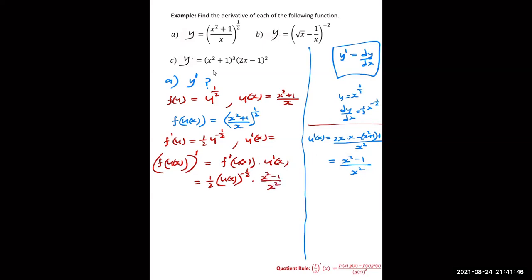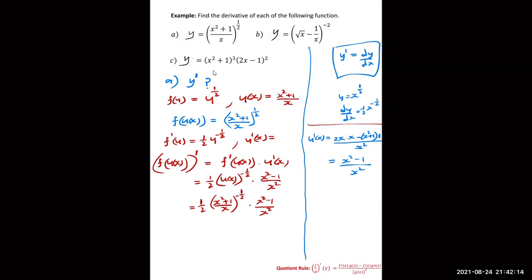All right. Now let's simplify this further. 1/2 times, notice that here I have u of x. u of x is nothing but this function. u of x is x squared plus 1 over x. So let me put that in here. x squared plus 1 over x to the power minus 1/2 times x squared minus 1 divided by x squared.